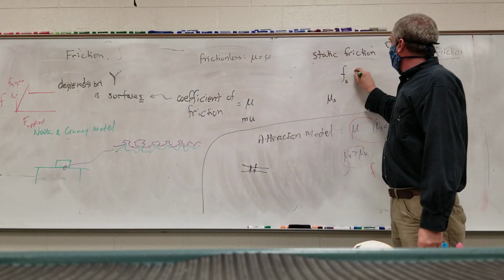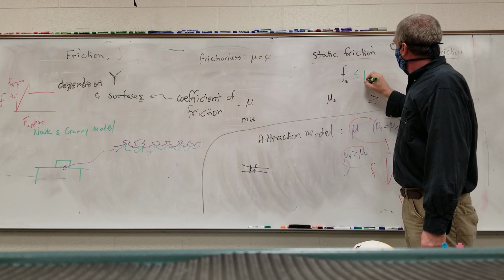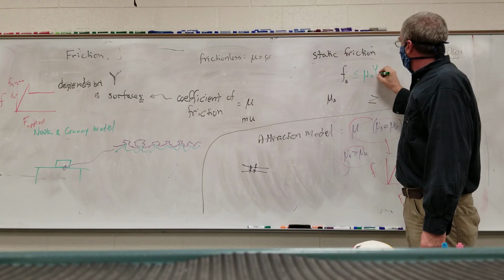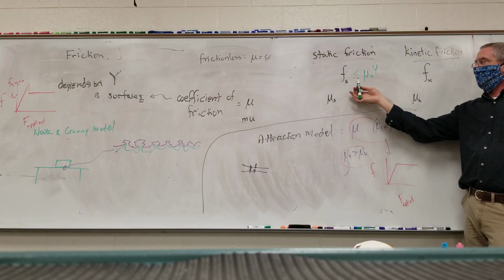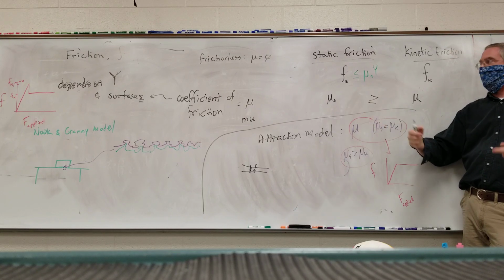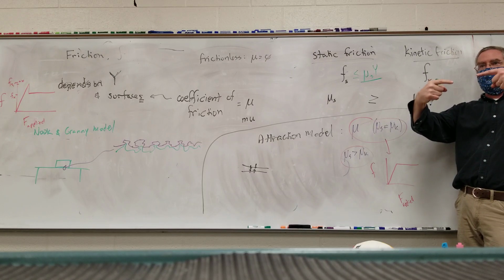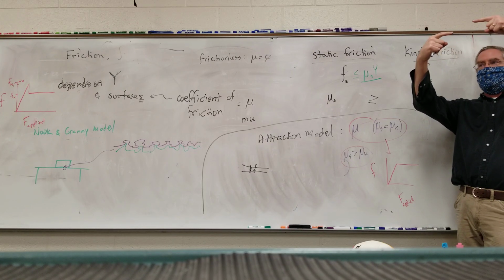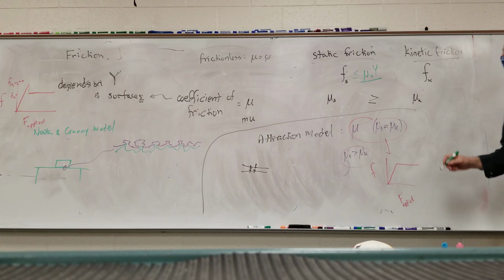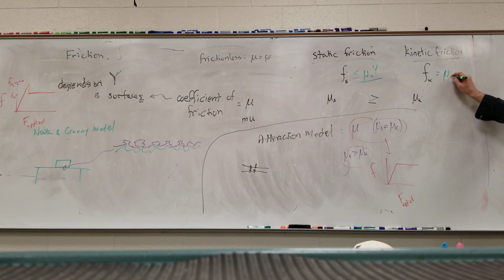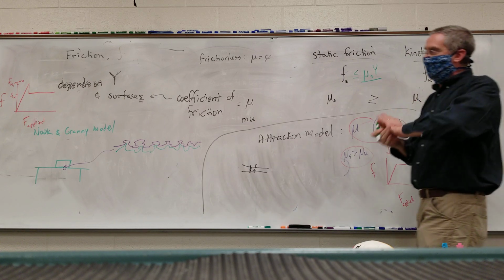Static friction is less than or equal to μs times N. The less than or equal to is because μs times N is the maximum static friction, and the friction is going to match whatever's needed to keep it from moving until it reaches that breaking point. Kinetic friction is just μk times N. It doesn't care how fast it's going, doesn't care about anything except that coefficient, the surfaces, and how tightly they're pressed together.